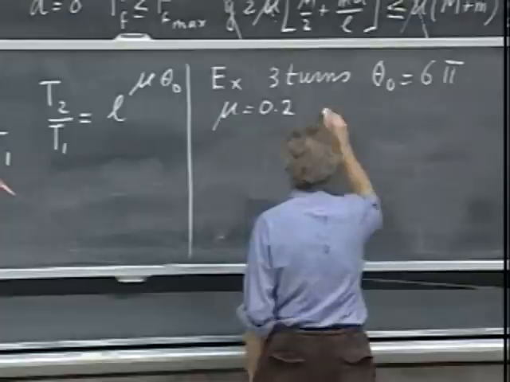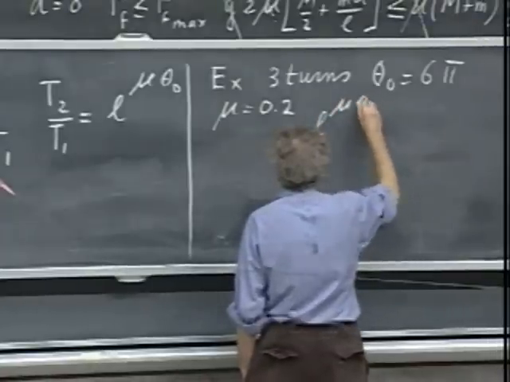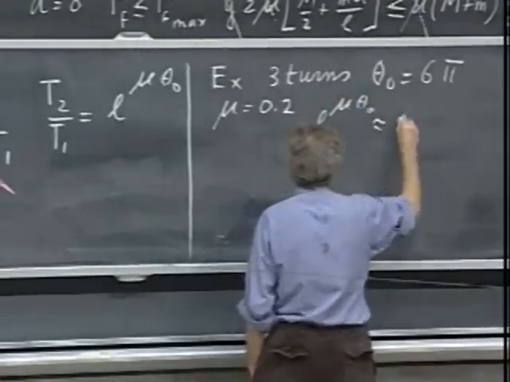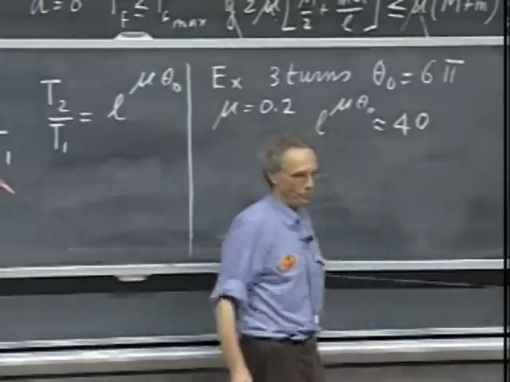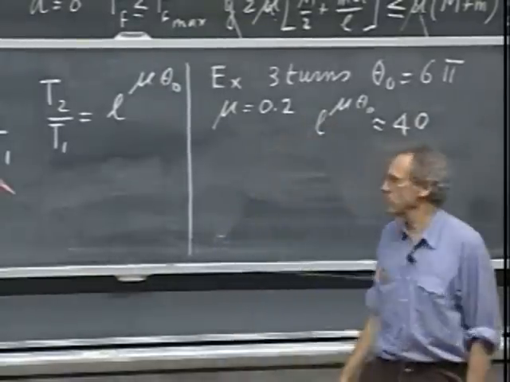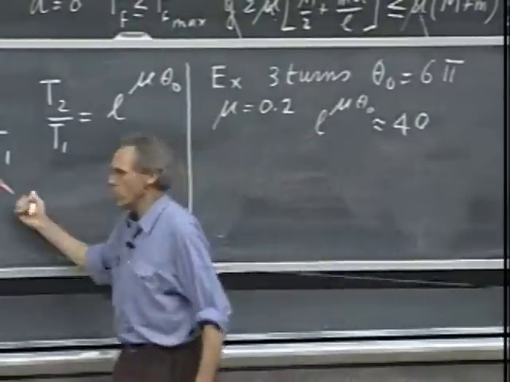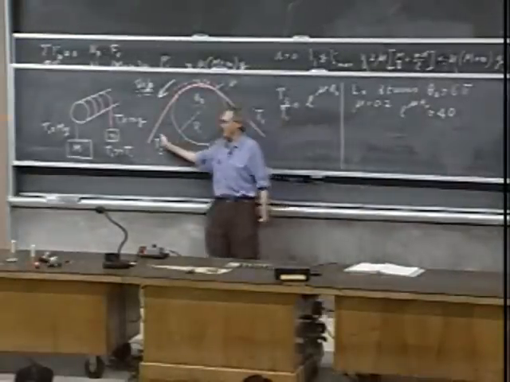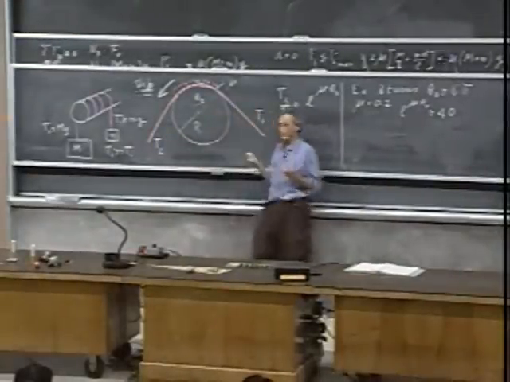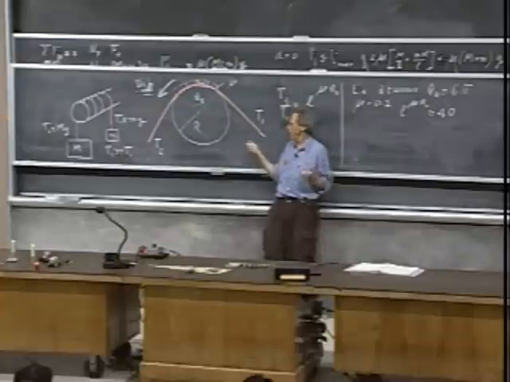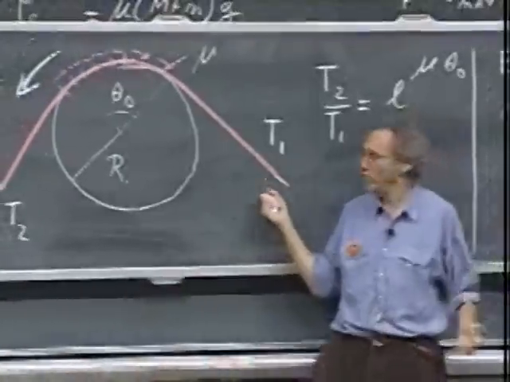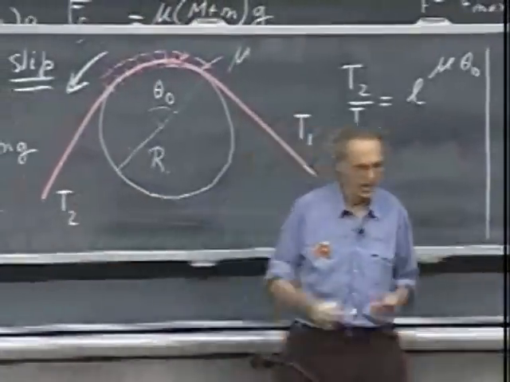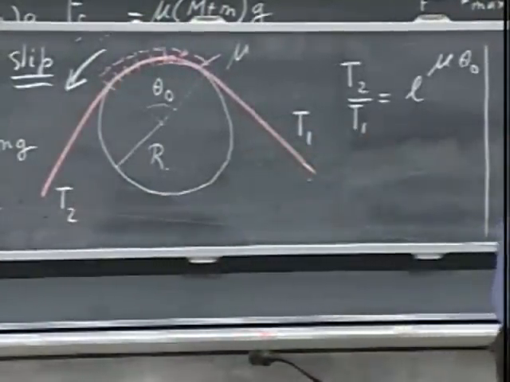So e to the power mu times theta 0 is now about 40. What that means is that with a force on this side which is 40 times smaller than the force on that side, I have a balanced situation. I can hold this in my hand and counter a force on this side which is 40 times larger.